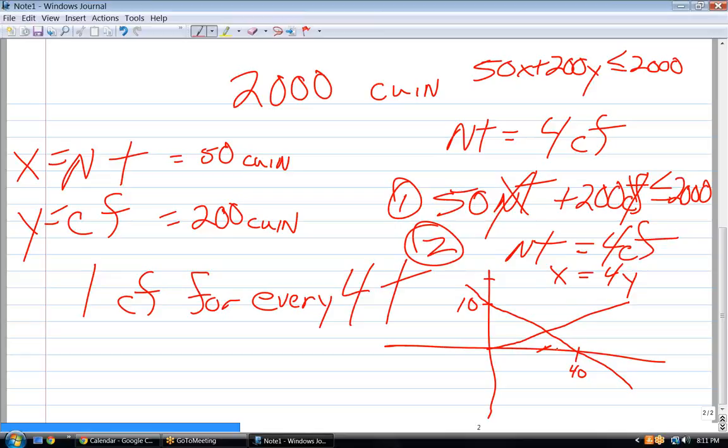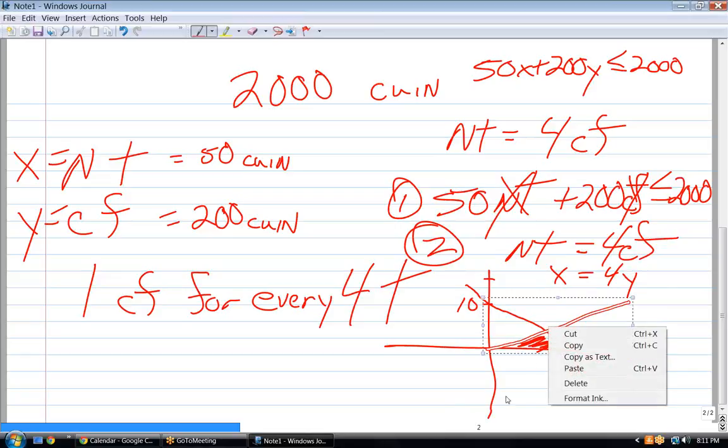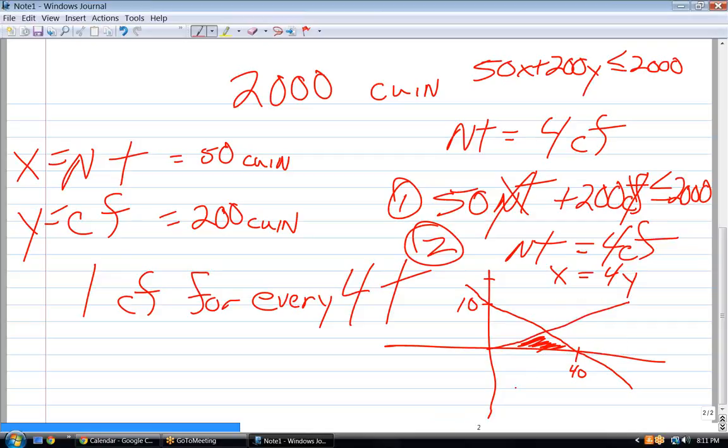So it would appear that the area we're investigating is that area there. Wait, how did you get that second line? x equals 4y. x was the number of neon tetras or whatever.